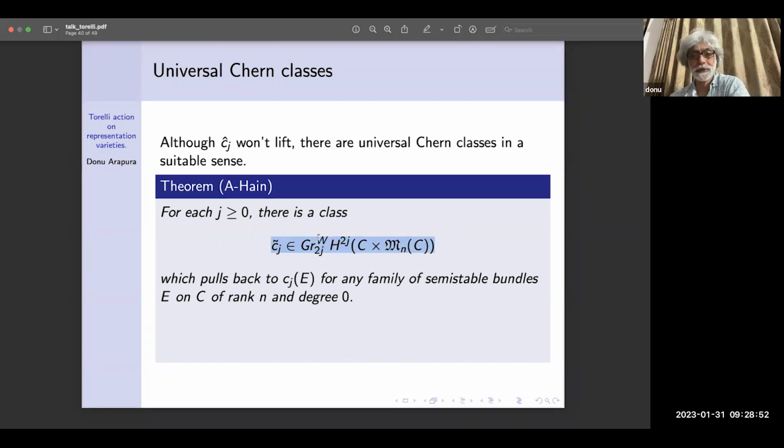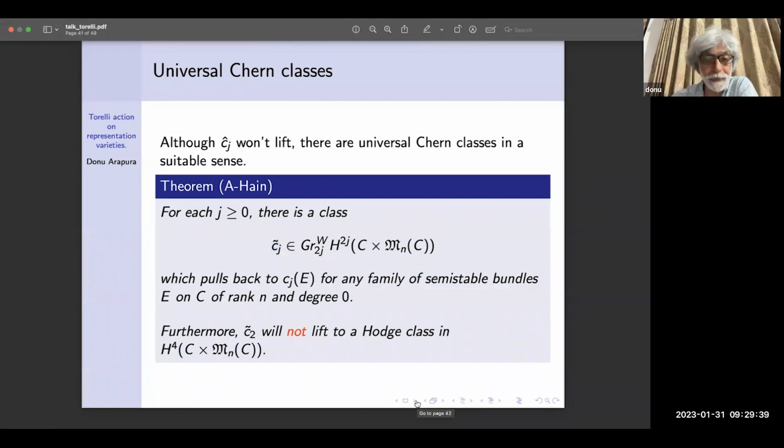We can talk about Hodge classes, CJ tilde, which is universal in the following sense, namely, if I have a family E of semistable vector bundles of rank n in degree 0, then I get a classifying map from the parameter space, the base of that family, to here, and I can pull back these tilde classes, and then that will pull back to the Chern class CJ. So in that sense, these are universal.